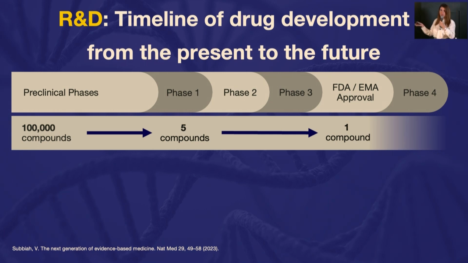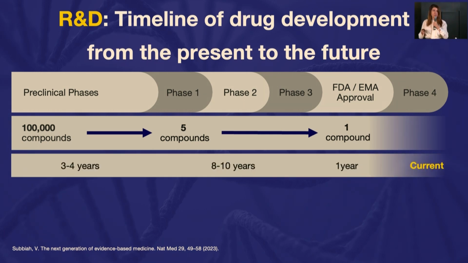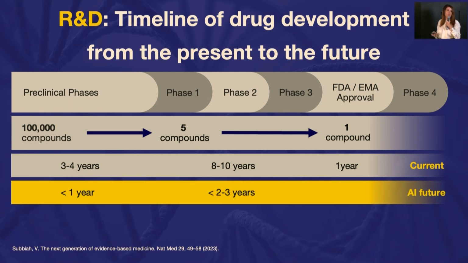That's huge. What happens when AI comes into this process? This is not a science fiction story, this is a real example of how AI is transforming the new drug development phase and stage.